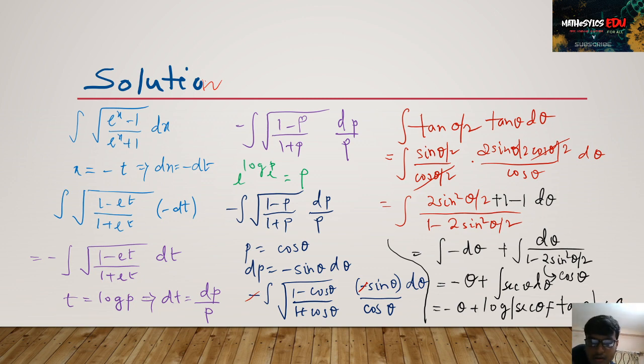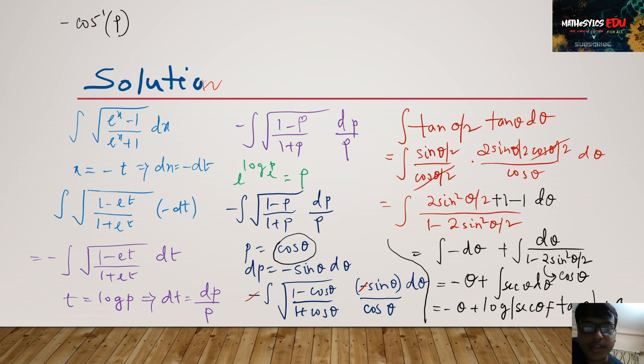And now in place of theta, what I have substituted, I will again back substitute these things. First I will do, let me write at the top because I am running out of space in this particular slide. Okay, now here you can see that in place of theta I can write minus cos inverse p.